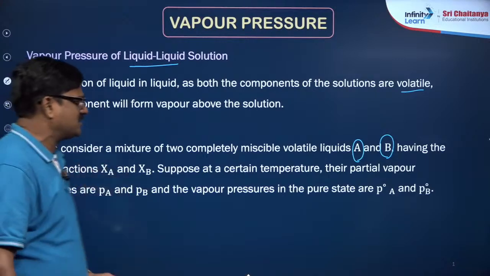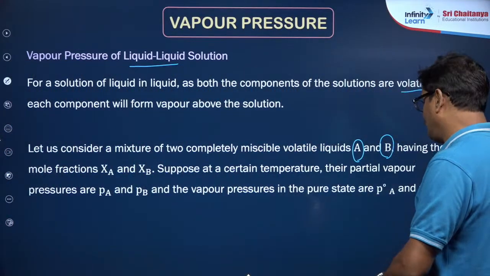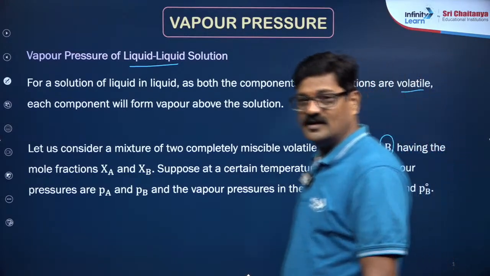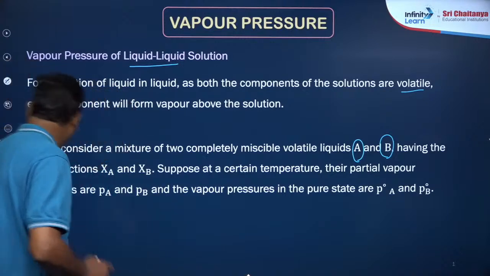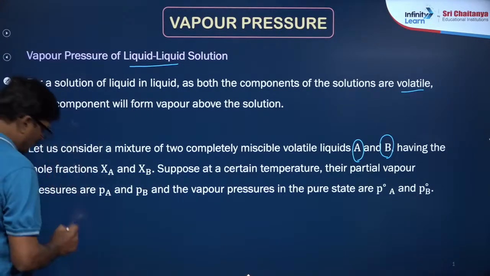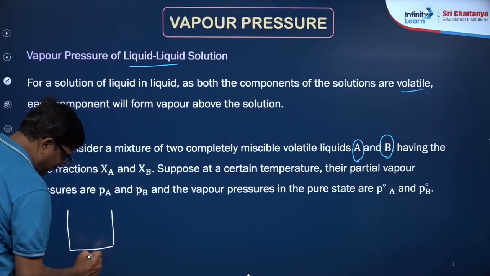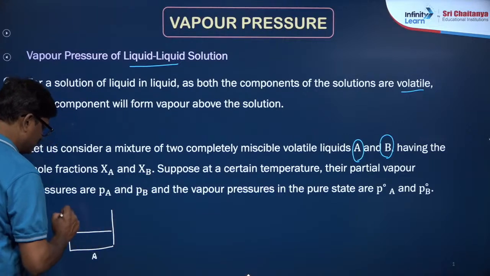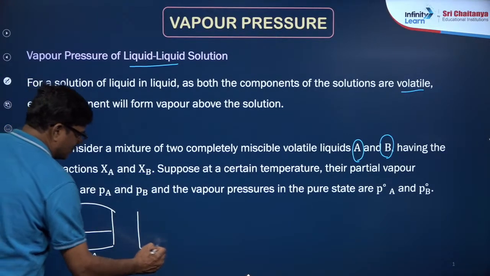Suppose at a certain temperature their partial pressures are PA and PB, and the partial pressures in the pure state are P0A and P0B. Let me give you a diagram and explain that. So this is liquid A, and this is liquid B.